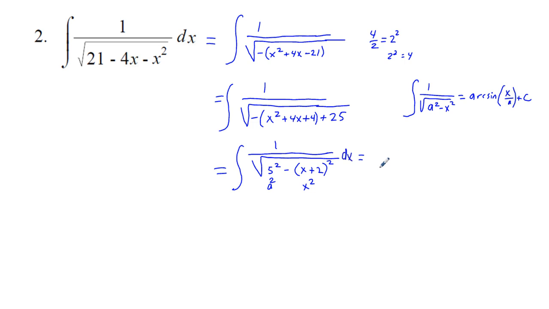So what we get here is arcsin of x over a, and our x is going to be x plus 2, and our value of a is 5, plus our constant of integration c. And so this is going to be our answer for this one. So quite a little bit of manipulation that it takes to get this one, but doable.